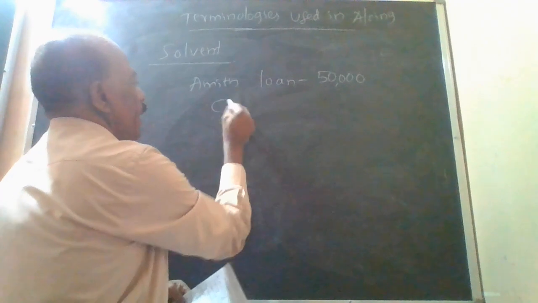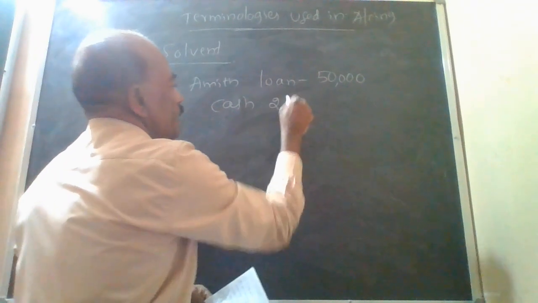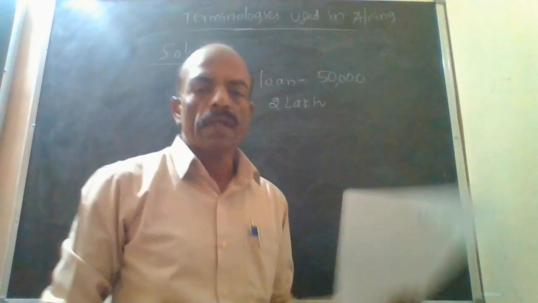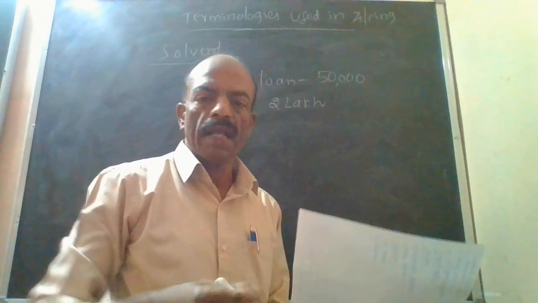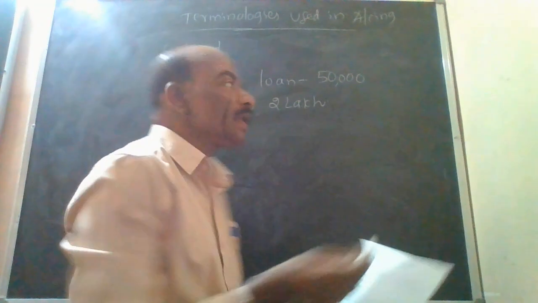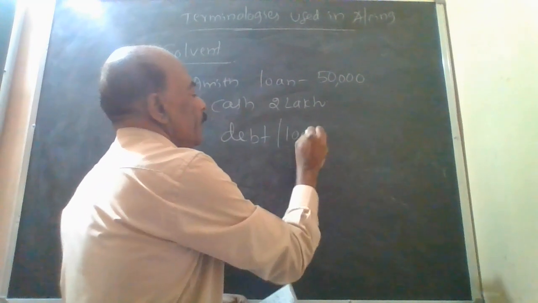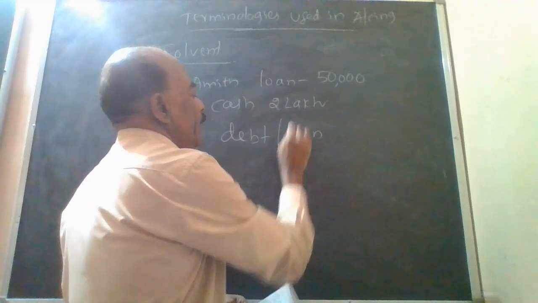He has cash of 2 lakh rupees in his hand. That means he is a solvent person. He can pay the loan. He can pay the debt. Debt means loan.